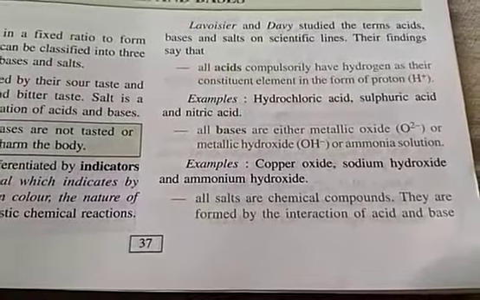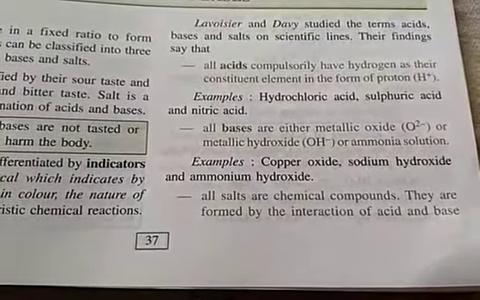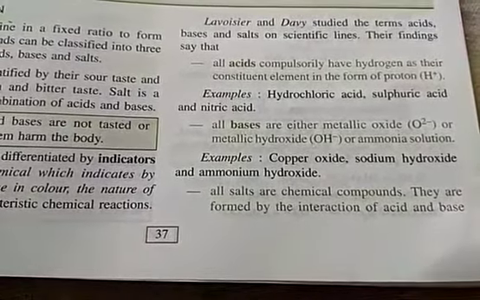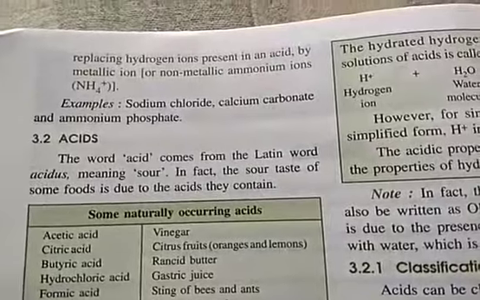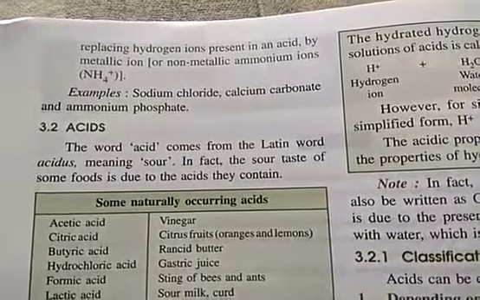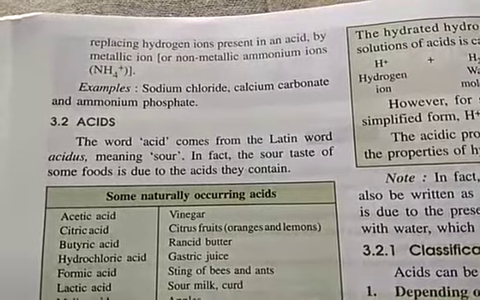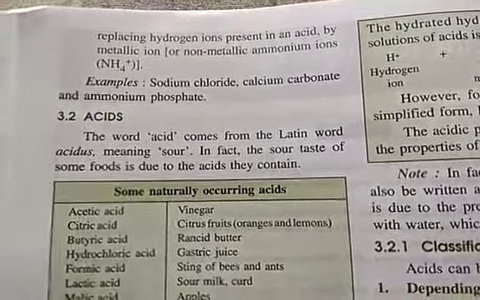Then they also said that salts are chemical compounds. They are formed by the interaction of acids and bases, replacing hydrogen ions present in an acid. I'll show you with an example, and such examples you already know.